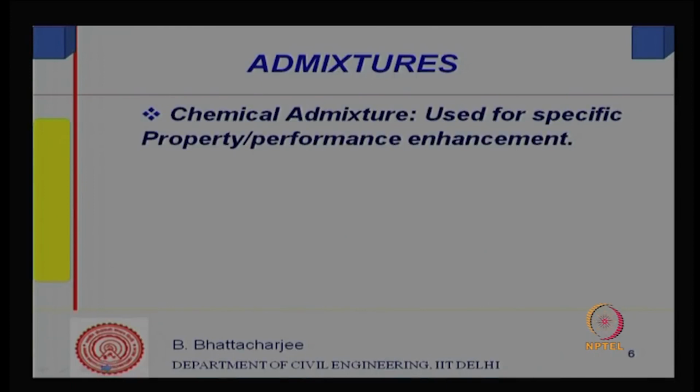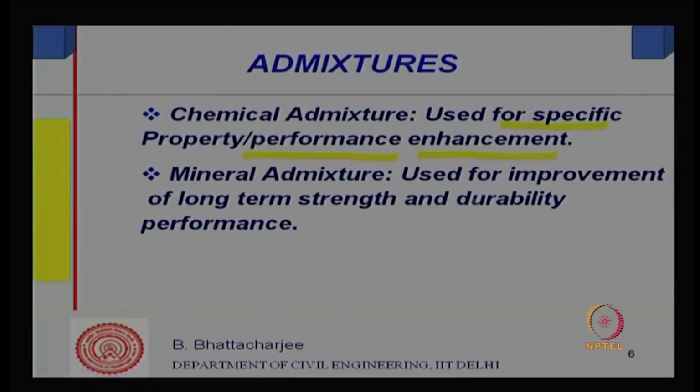Chemical admixtures, as I mentioned, are for specific property or performance enhancement. And mineral admixtures improve long-term strength, durability, and performance. So, these 2 admixtures are a must in modern engineered concrete.